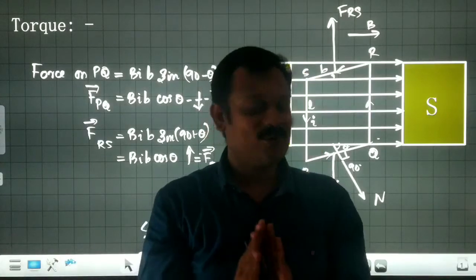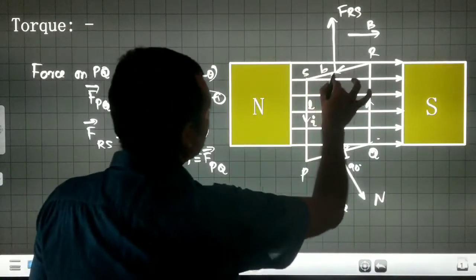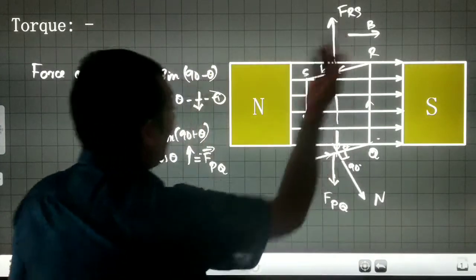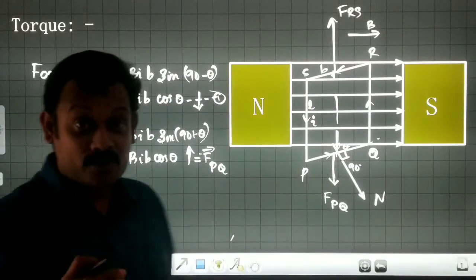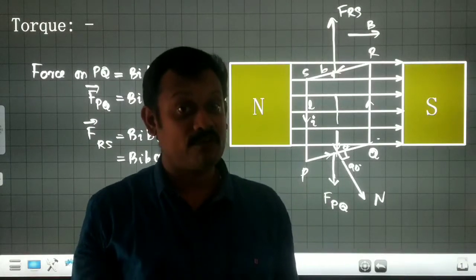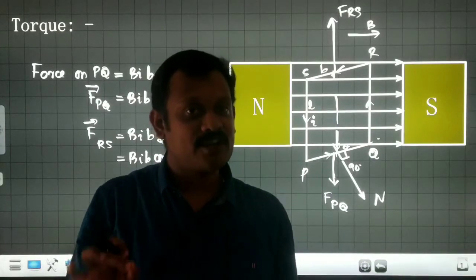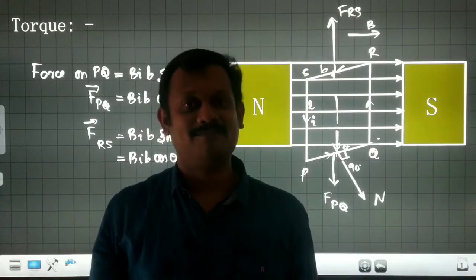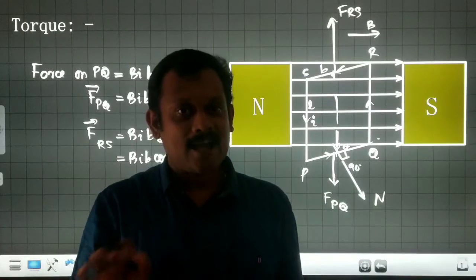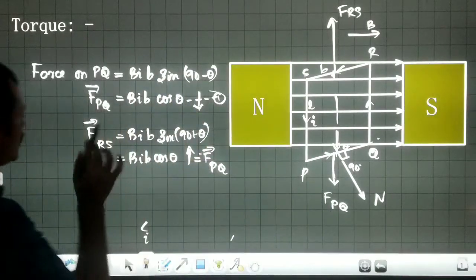I don't think so. These two forces cannot cause any torque about this axis, because forces parallel to the axis of rotation will not create any torque. Forces parallel to the axis of rotation will not create any torque.